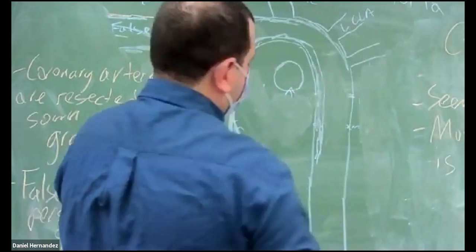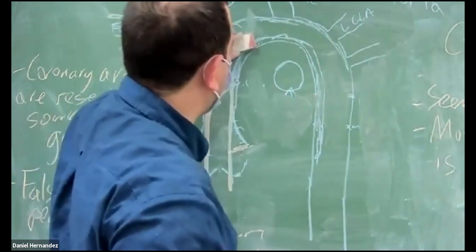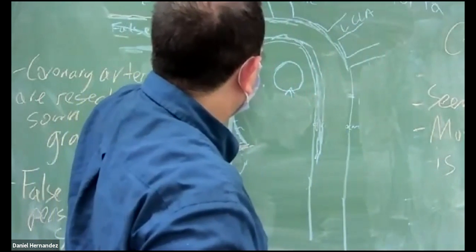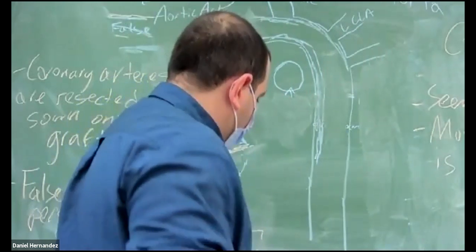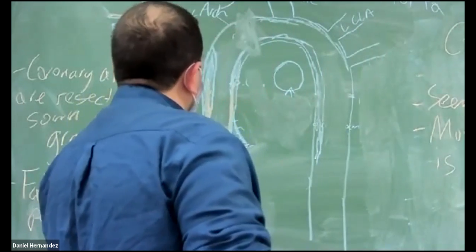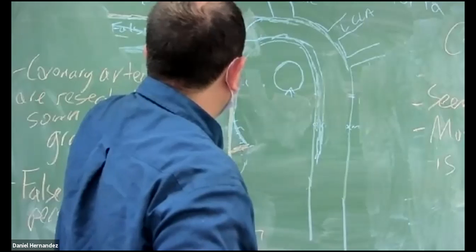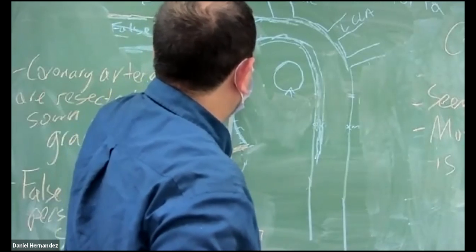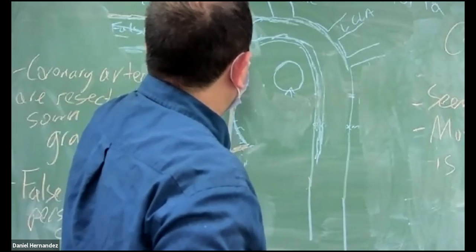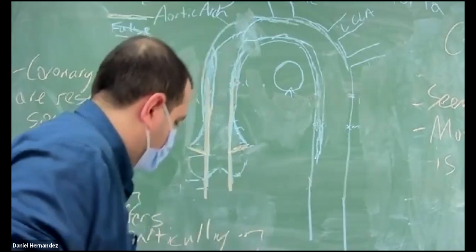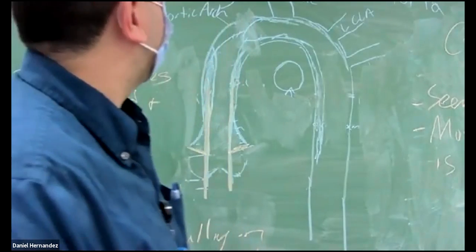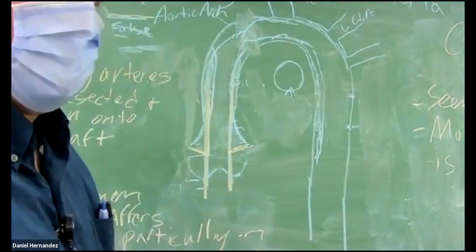The most likely spot for a coarctation is going to be just at the beginning of our arch. It's usually proximal to the innominate.